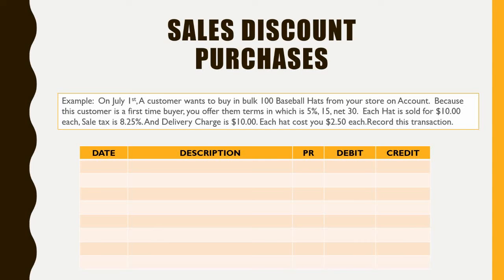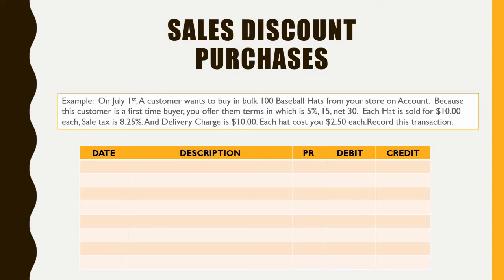And of course, they want to put it on an account, and because they're a first-time buyer, you decide to offer them a 5% discount if they pay you within 15 days. If not, they owe you in grand total in 30 days. Okay, so you offer them terms.